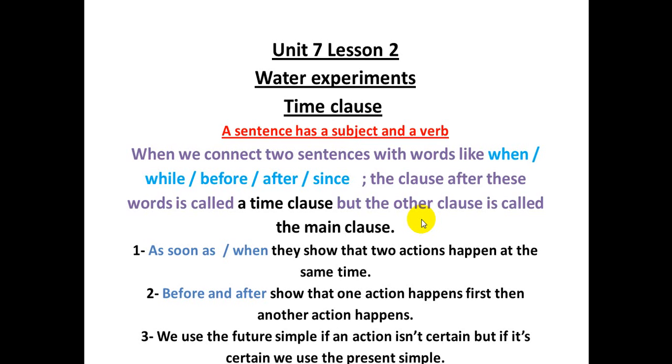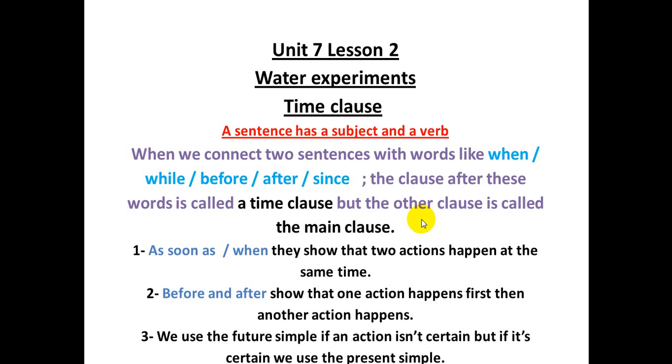We use the future symbol if an action isn't certain, isn't sure. When you are not sure if the action will happen or not, use the future symbol. But if you are sure, if you are certain, use the present symbol.